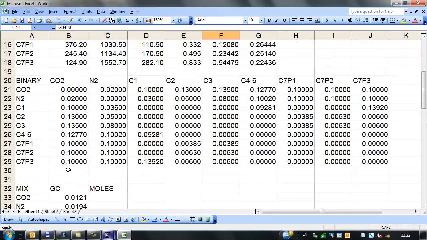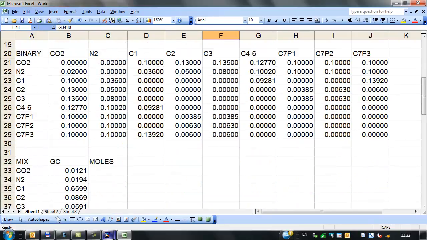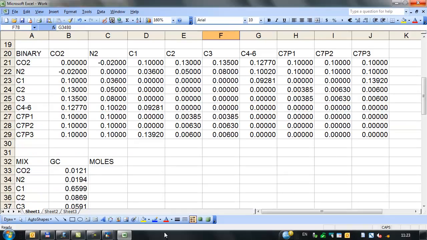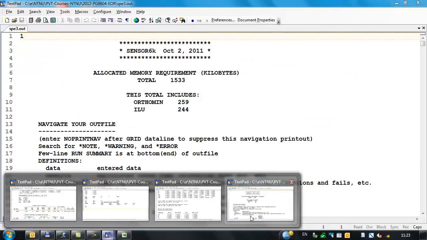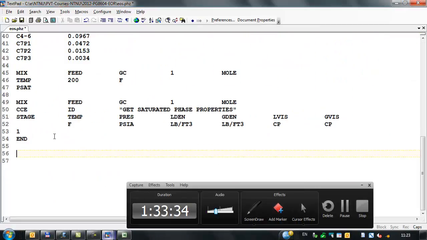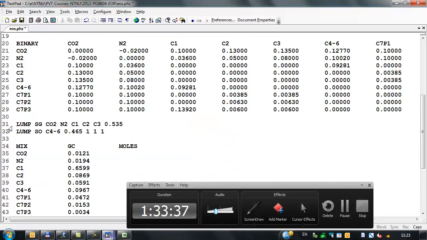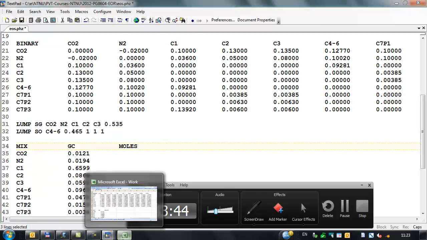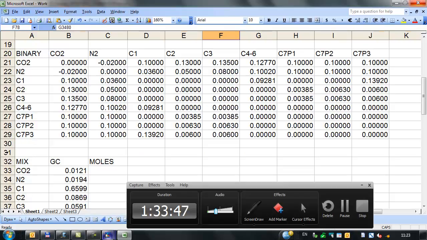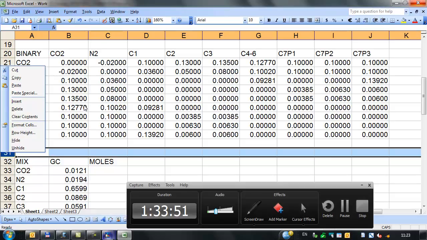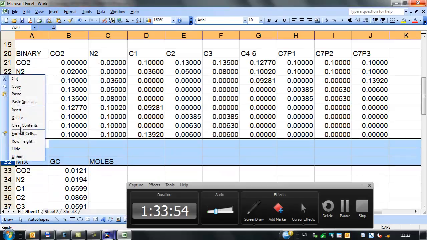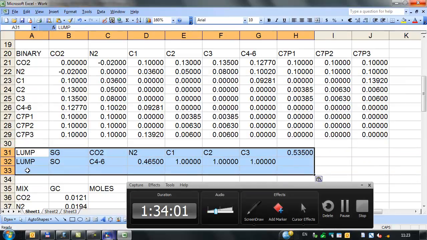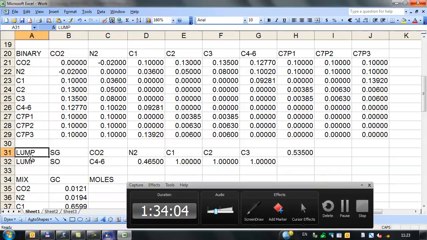Where's the lump commander? Was that in the file? Okay, put those in there.